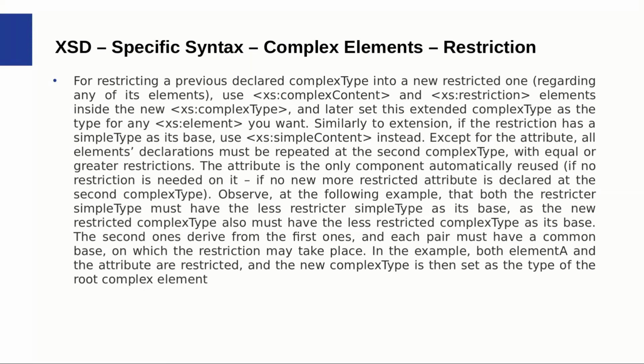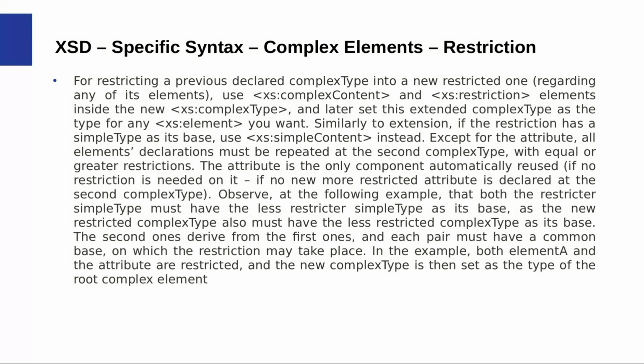So for example, it's not allowed to have a second complex type restricting a first complex type, and you miss redeclaring any of the first declared components or elements. You must redeclare those elements on the second complex type with at least the same restriction level or with a greater restriction.